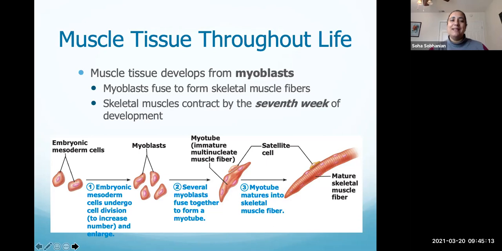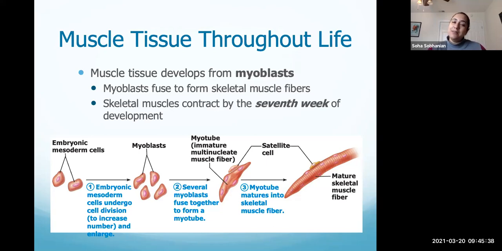Around the 7th week, you actually start with stem cells, those cells I mentioned earlier called mesoderm cells. We mentioned that in the skeletal system as well. Mesoderm cells have not been differentiated yet. They haven't figured out what they want to be.